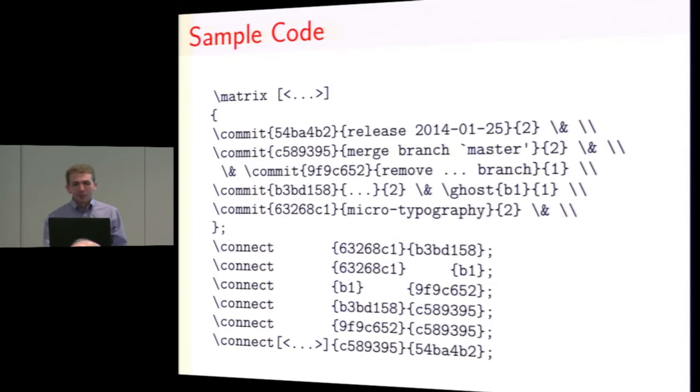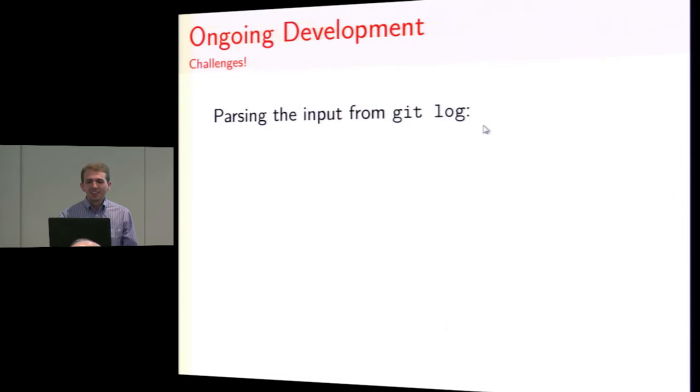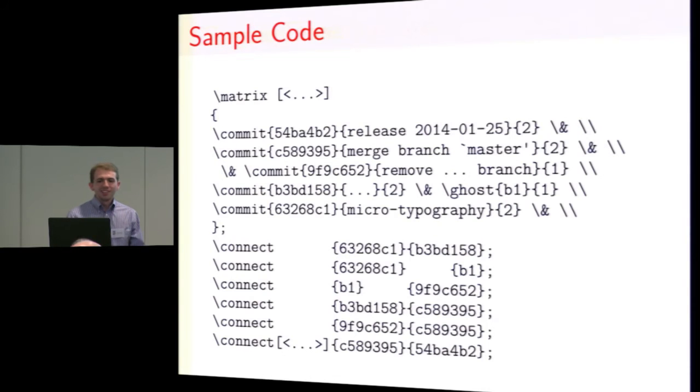Now, you can immediately see some problems here, because when you write a commit message, it doesn't know about all of TeX's catcodes and special characters and things like that. So that piece of the argument has to be read verbatim, which is something I'm still learning about because I'm not a low-level TeX programmer yet.